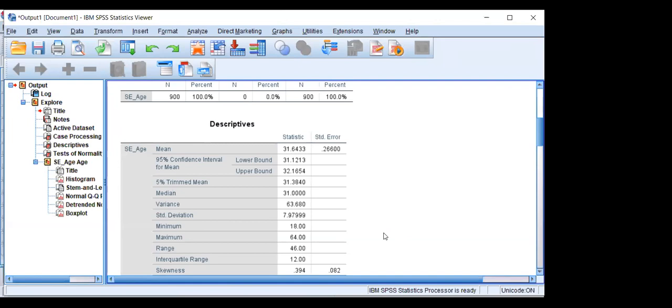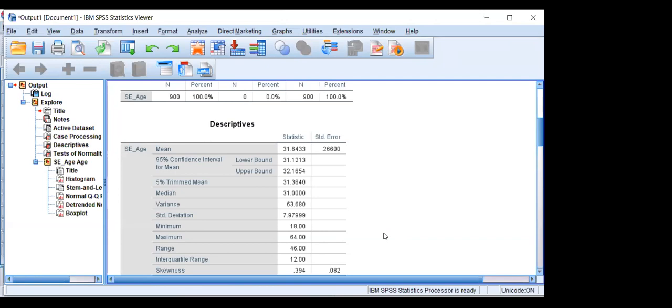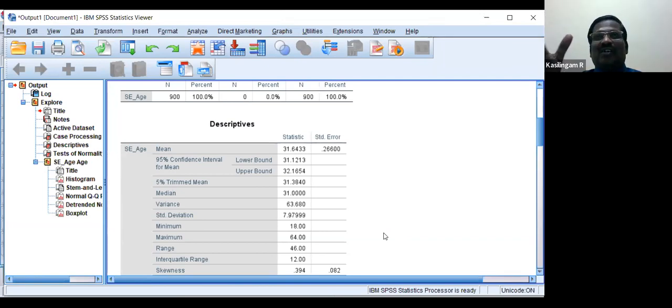Please read what you have written. I have written it is exactly 50%, the middle value. Not exactly. 50% of the people are less than that. So if you take age 31, 50% of the people have age 31 and less. That is the meaning.